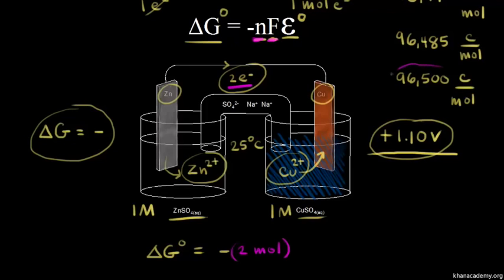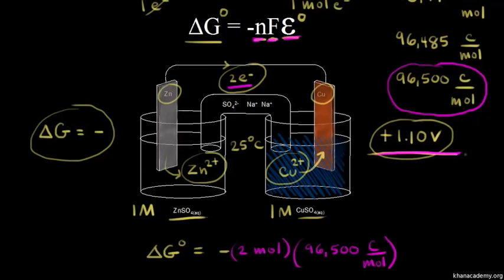Next we have Faraday's constant, F. And so we've already seen that we can use 96,500 coulombs per mole for Faraday's constant. So this is 96,500 coulombs per mole. Next, we plug in the value for our standard cell potential. So E0 is 1.10 volts for this voltaic cell.